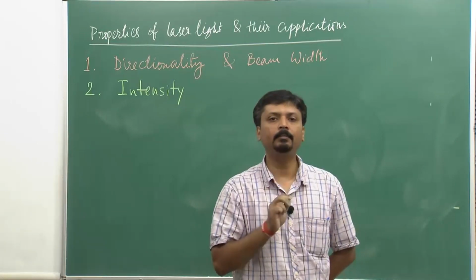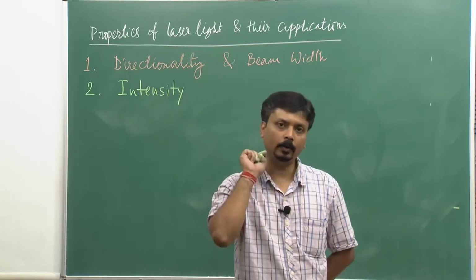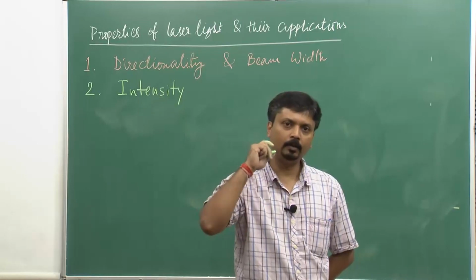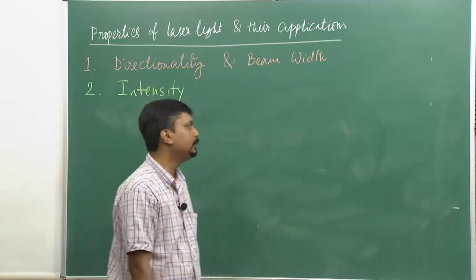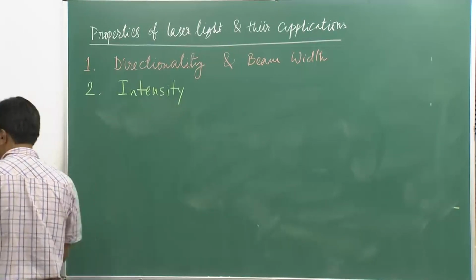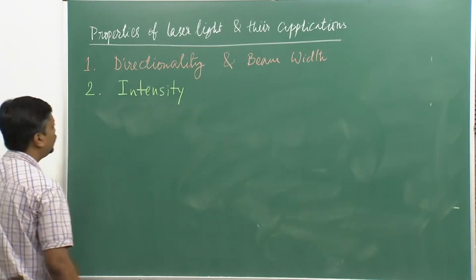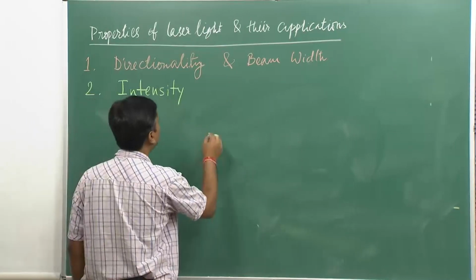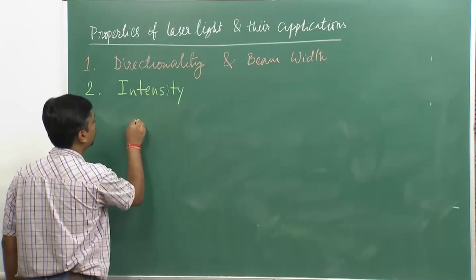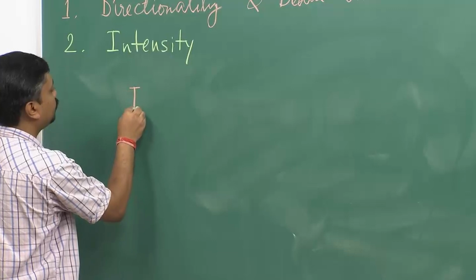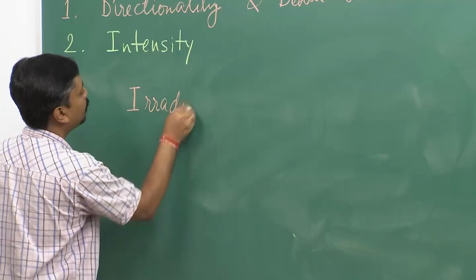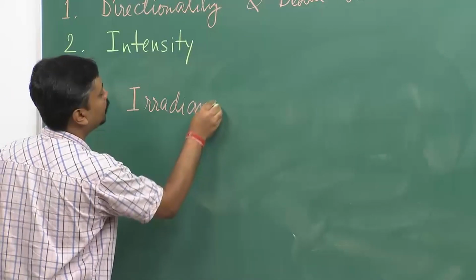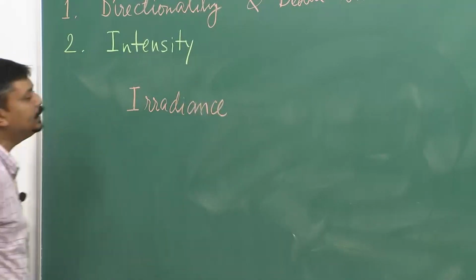This laser beam is collimated, so they are going in a particular direction. It's like a parallel beam. In such a case, we define intensity in a much better way by using irradiance. So, what is irradiance?